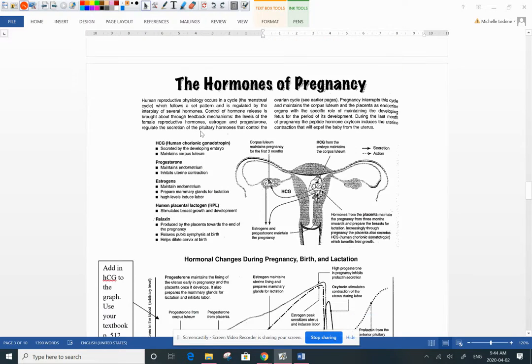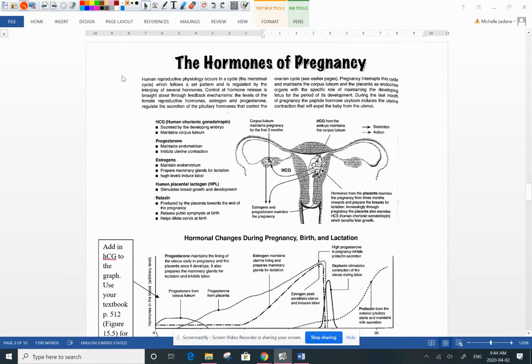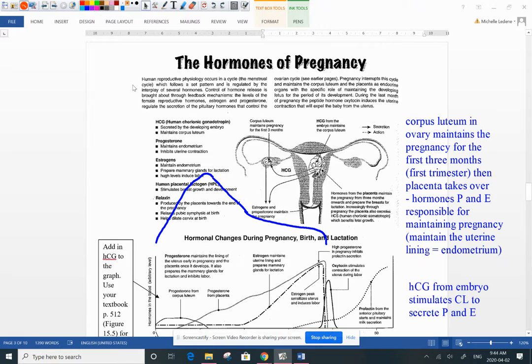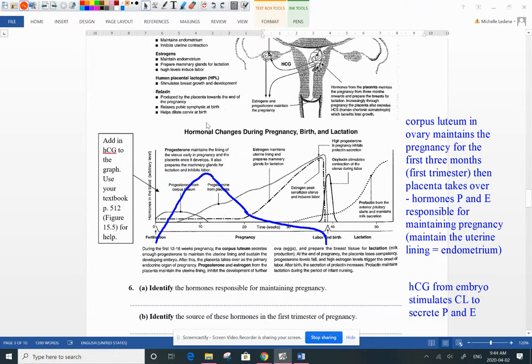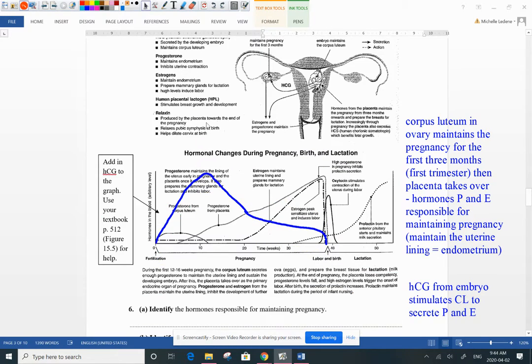So next up, the hormones of pregnancy, and we have to discuss the corpus luteum and why it's so important. Basically, it is maintaining the pregnancy for the first trimester, the first 3 months. And remember, it's the HCG from the embryo, the human chorionic gonadotropin, that is stimulating the corpus luteum to secrete progesterone and estrogen.